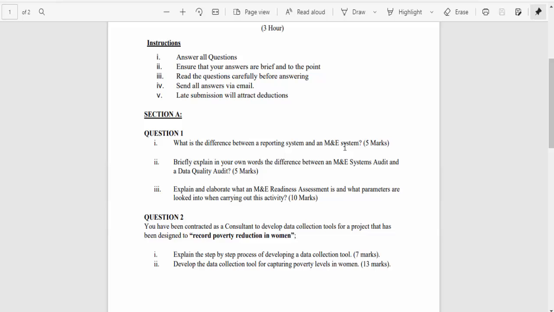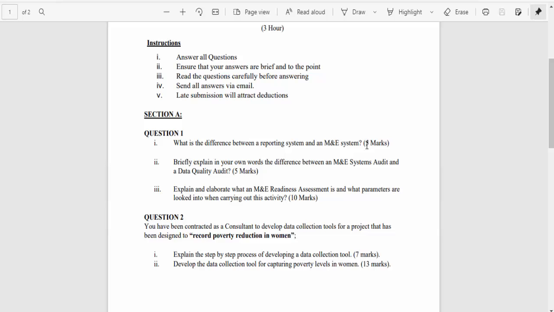And that is the difference when you dig deeper, because M&E actually generates reports. But what makes it different is that it uses those reports to take corrective action and improvement. And you notice that M&E systems are more of a quality assurance mechanism. I like to think of it that way. So these are 5 free marks.